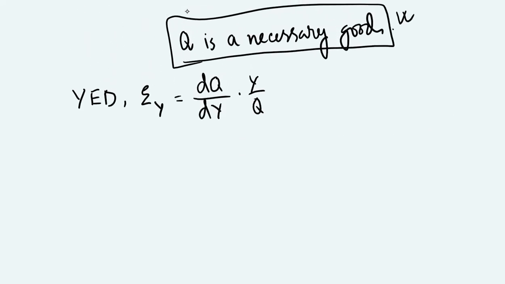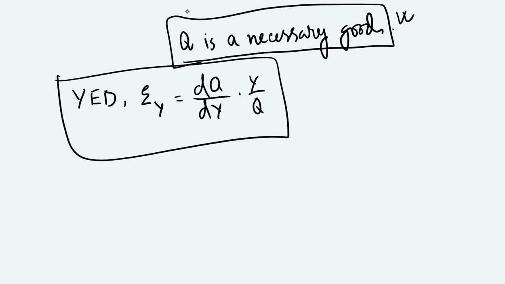Alright, so I'm sure you remember from the last video, this is the formula of YED, which is epsilon y equals del Q by del Y times Y by Q. So again I need these three values, del Q by del Y, Y and Q, to find epsilon Y. Two values are already found.